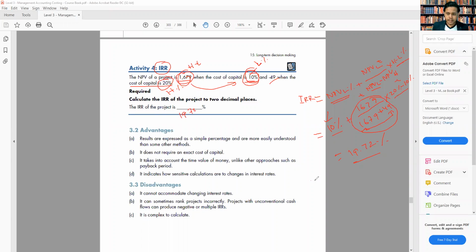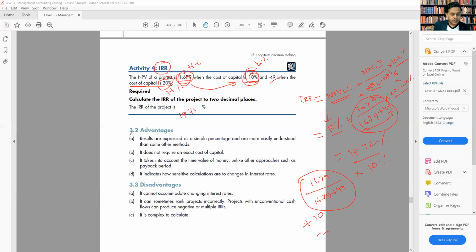At the bottom, you do 1679 plus 49. First you do this bit. After that, you multiply by the 10, that is the 10%. And after that, you add 10 plus 10. That will give you 19.72%. If you spend a bit of time on the calculator, you will get it. It's not a big calculation.